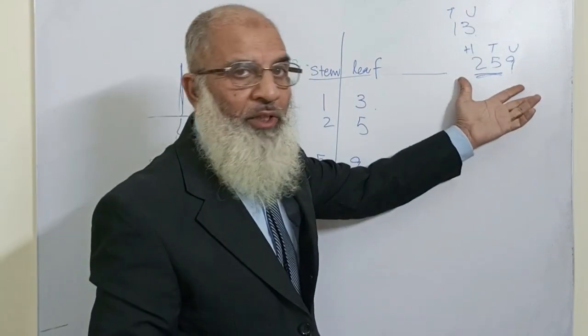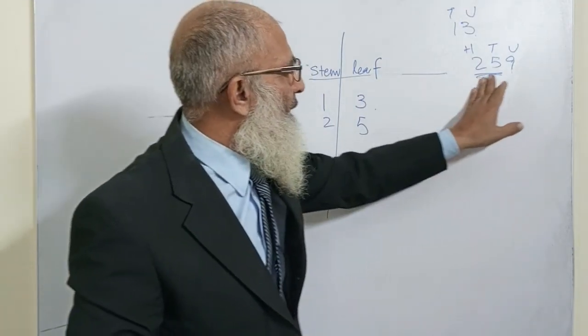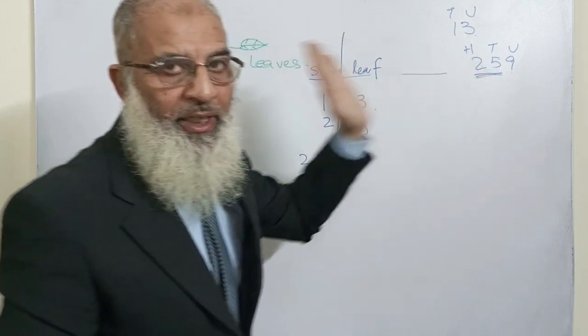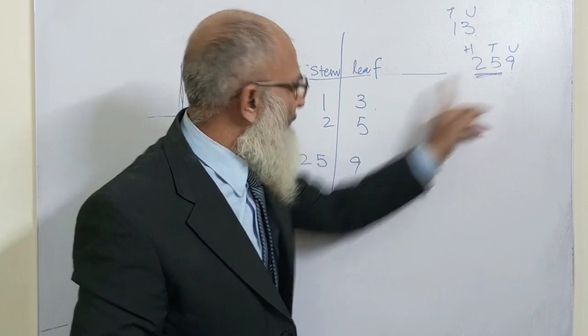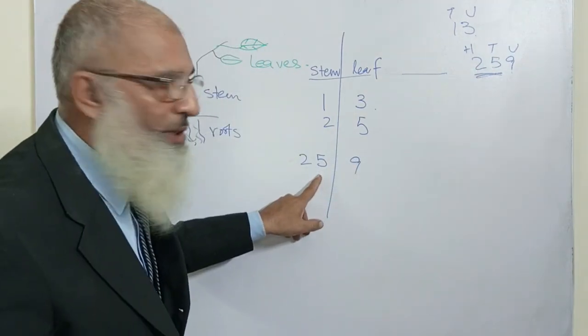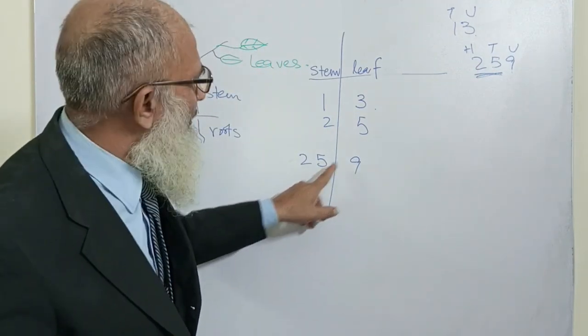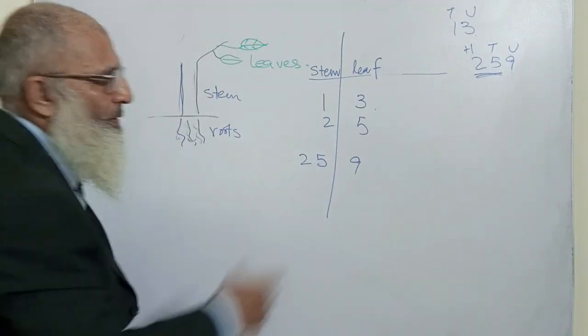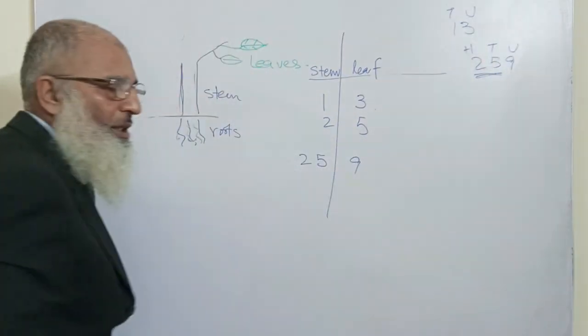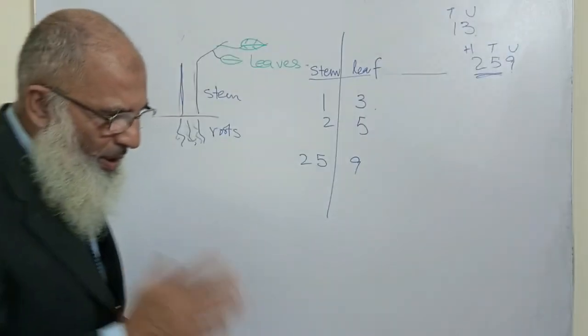And when it was 3 figures data, it extended up to hundreds. Then what we do, we wrote 25 in the stem column and leaf 9 in the leaf column, unit in the leaf column.